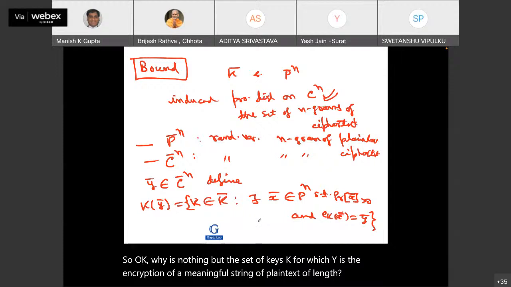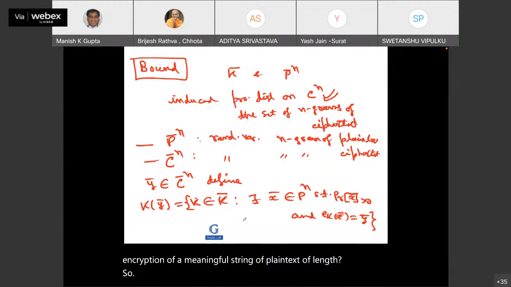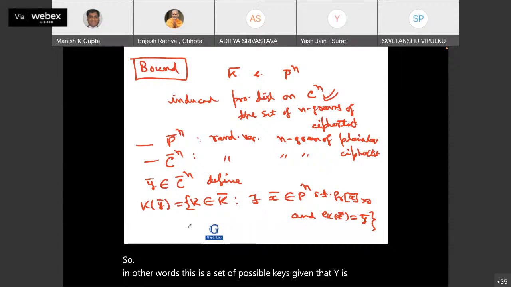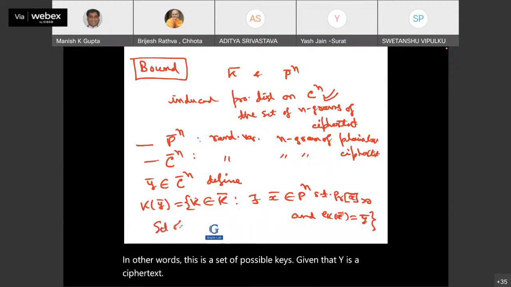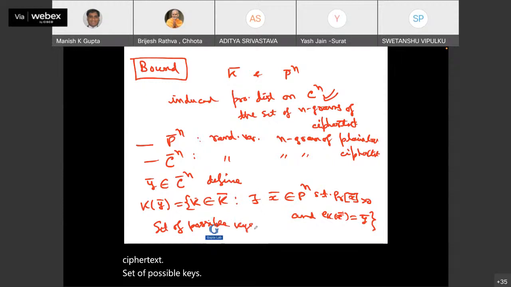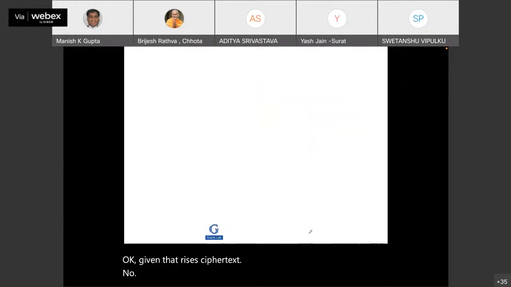Okay, so in other words, this is the set of possible keys given that y is a ciphertext. Now the calculation is easy.